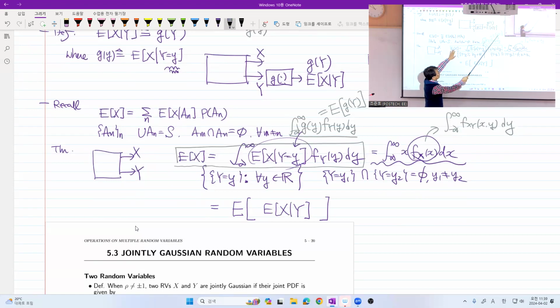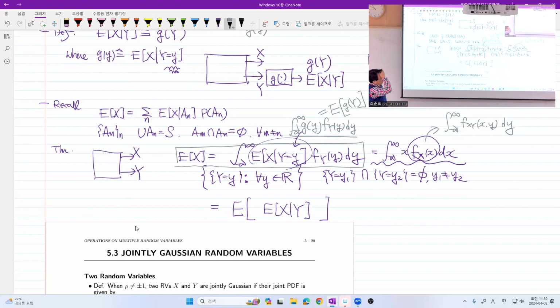Then what is g of capital Y? G of capital Y is the random variable when you derive a deterministic function, expectation of X given capital Y equals y. Now, what if you derive this function with random variable Y? Here goes our notation. Got it? So the unconditional expectation of X equals the expectation of the expectation of X given Y. Got it?